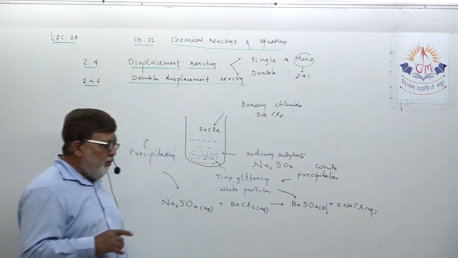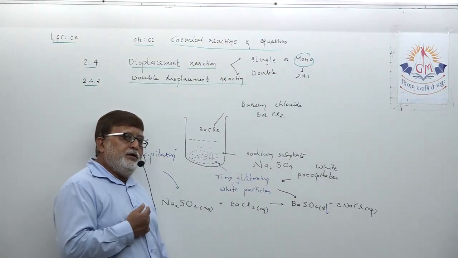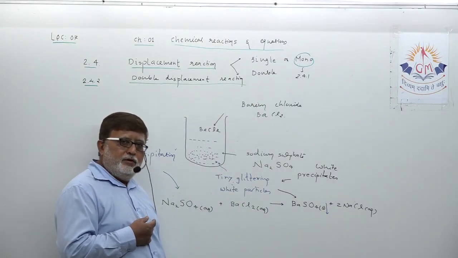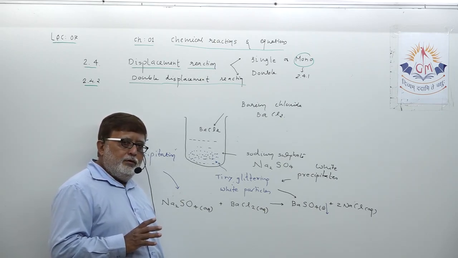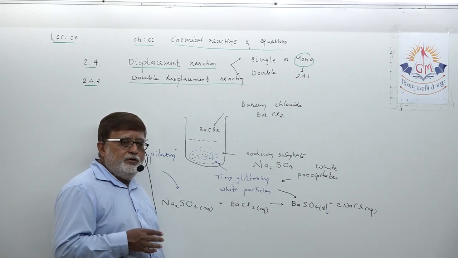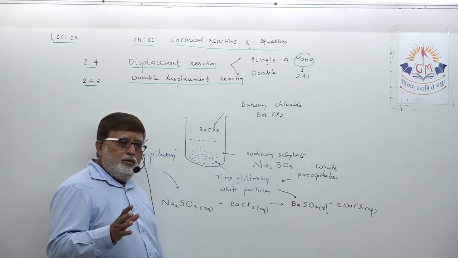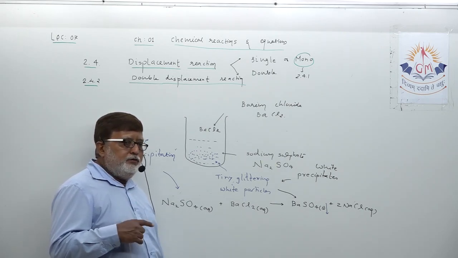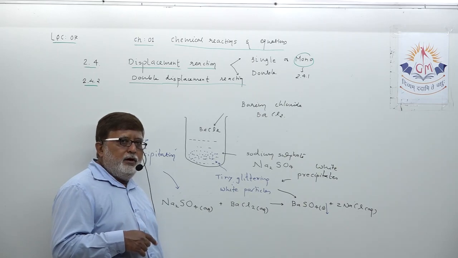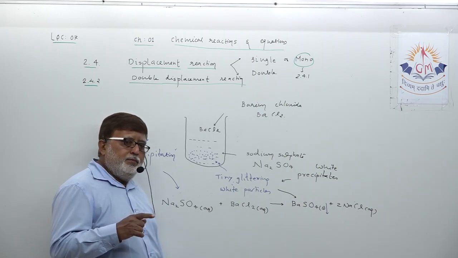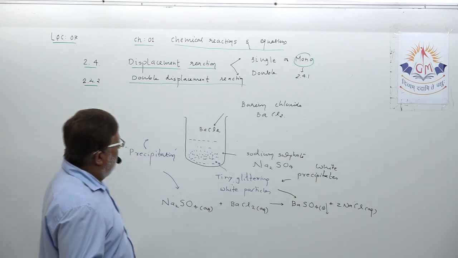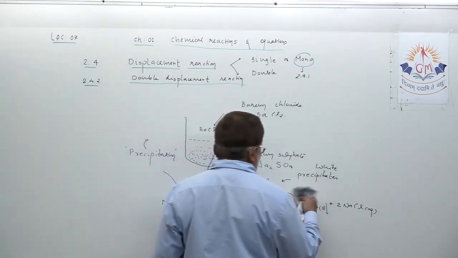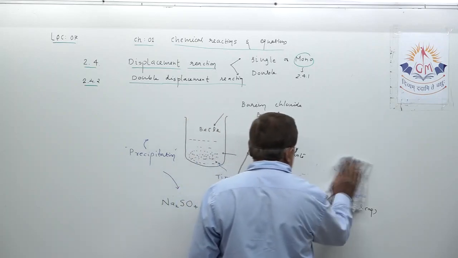So that can also be written under this title, precipitation reaction. Actually, dear student, I must say this, all double displacement reactions are precipitation reactions. Okay. So this is over, double displacement reaction.